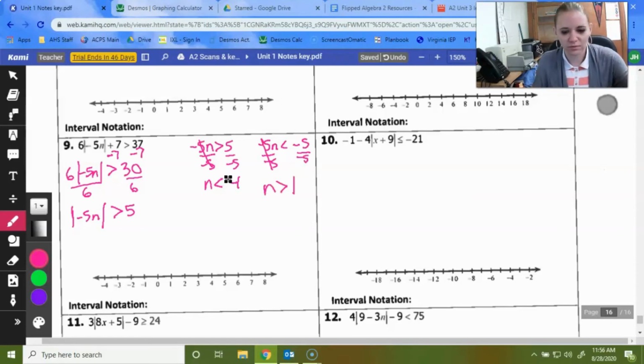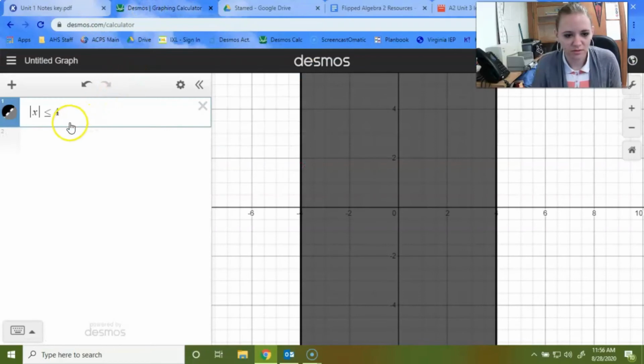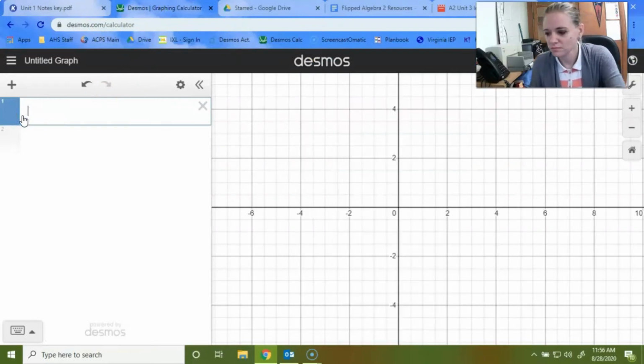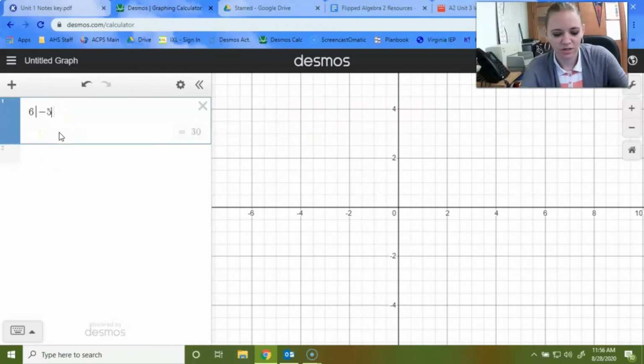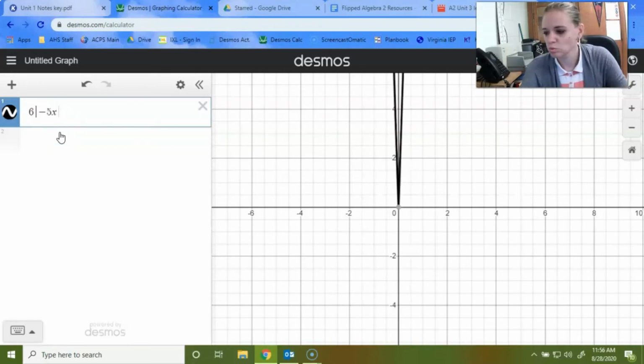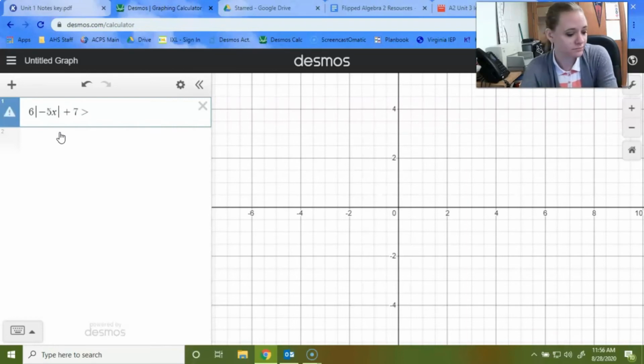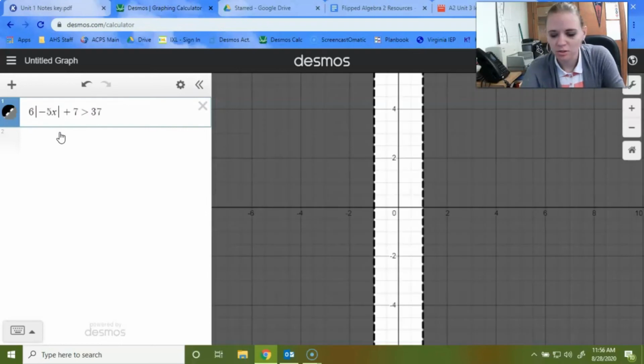Alright, now let's see what this gives us in the calculator, just to be sure, since we haven't done one of these yet. The absolute value of 6 and then negative 5x plus 7 greater than, oh, nice message.